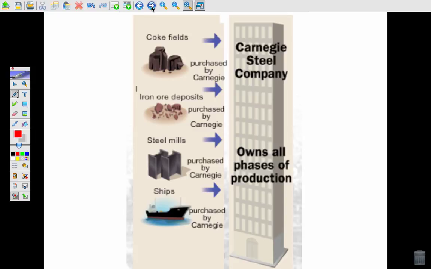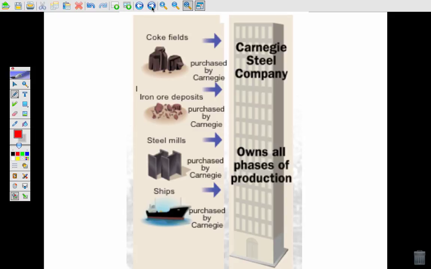Then he transports that raw material, processes that raw material into a finished material, which would be his steel mills. The steel mills process that raw material, iron ore, into a finished material, which is steel.